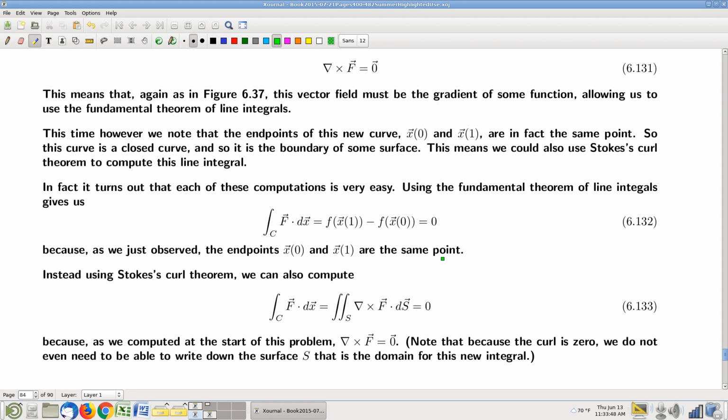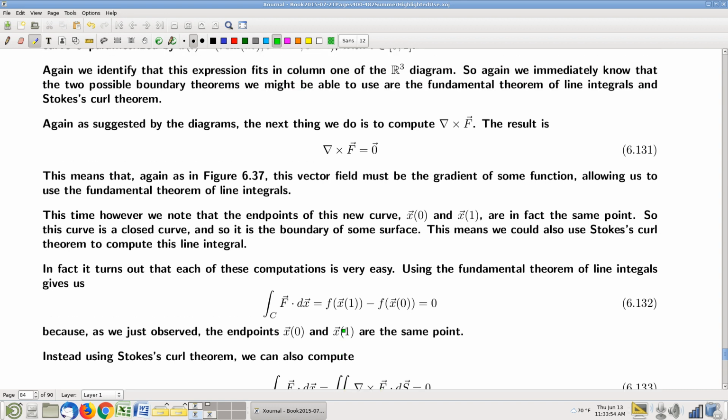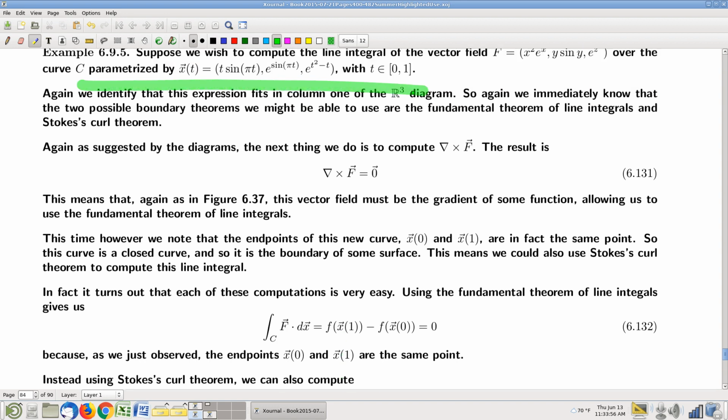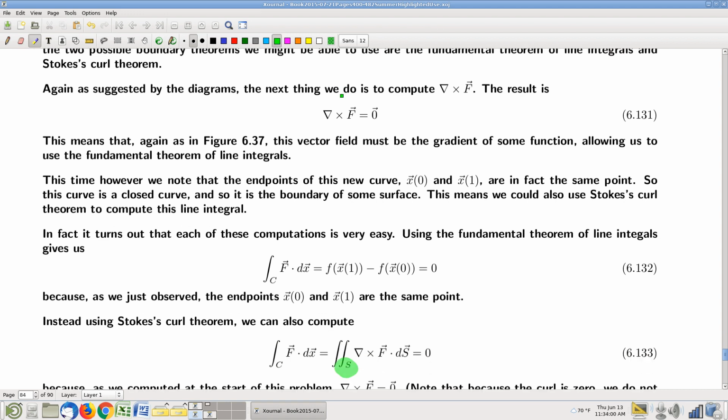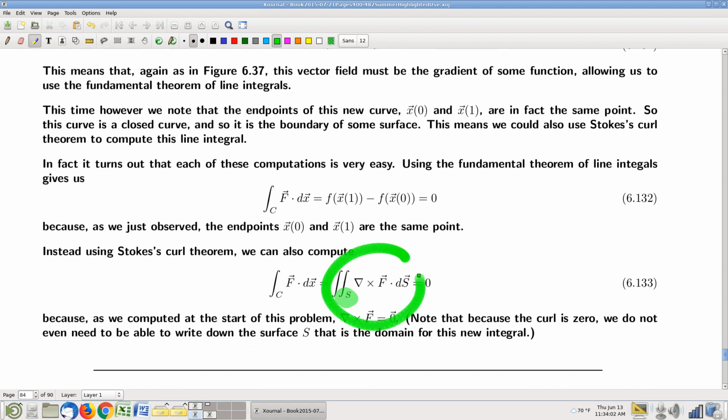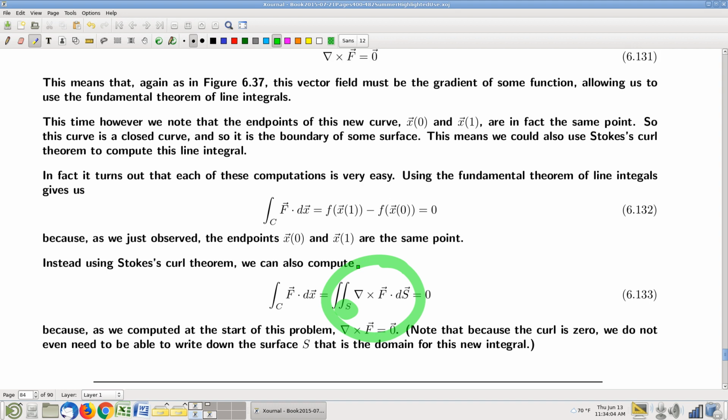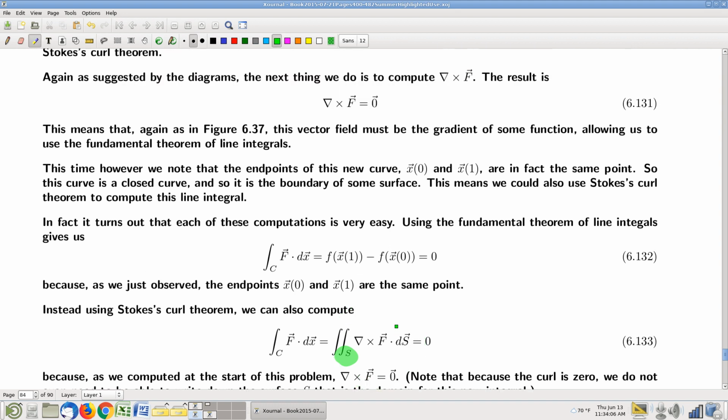You could say, well, look, this anti-boundary, oh my gosh, I don't know what that looks like, in fact. I mean, our curve is outrageous. The surface is going to be kind of outrageous too, I would imagine. So exactly what the nature of this flux is, I don't know. That's going to be an ugly surface, but the curl is 0.